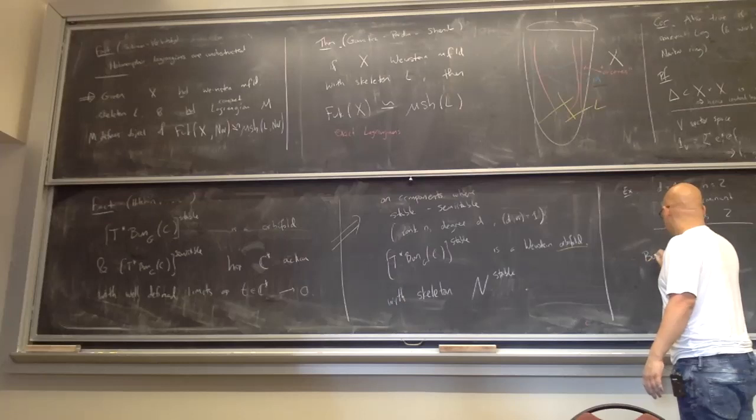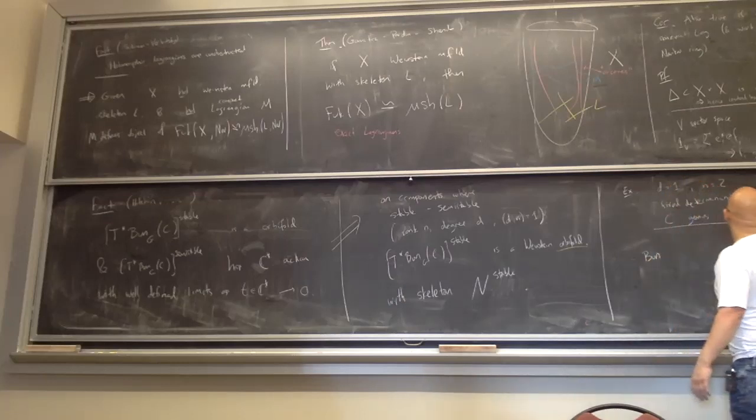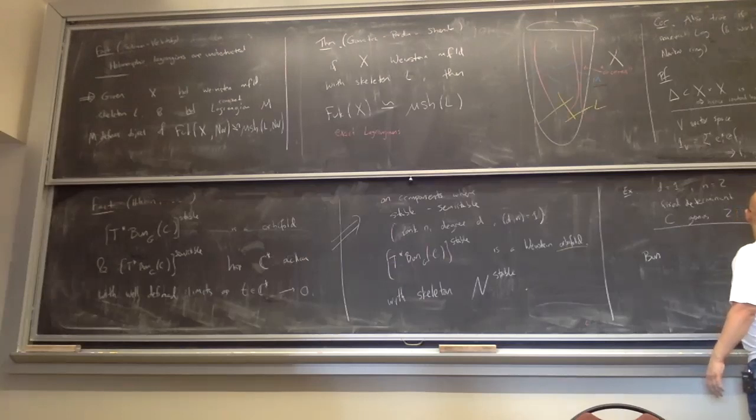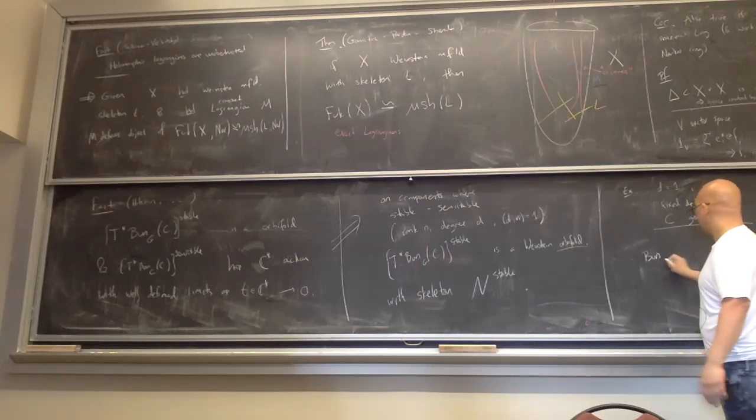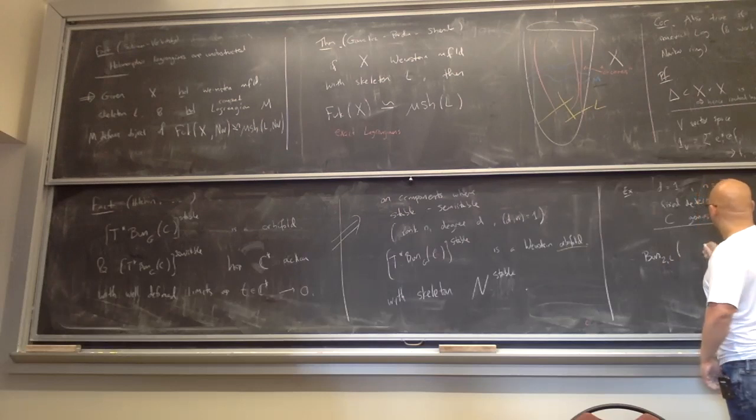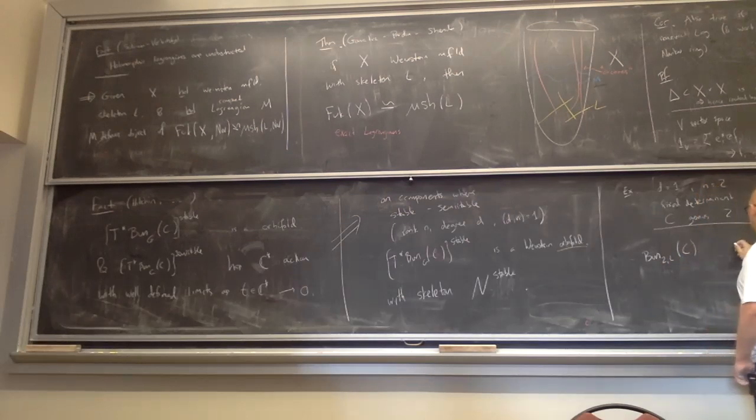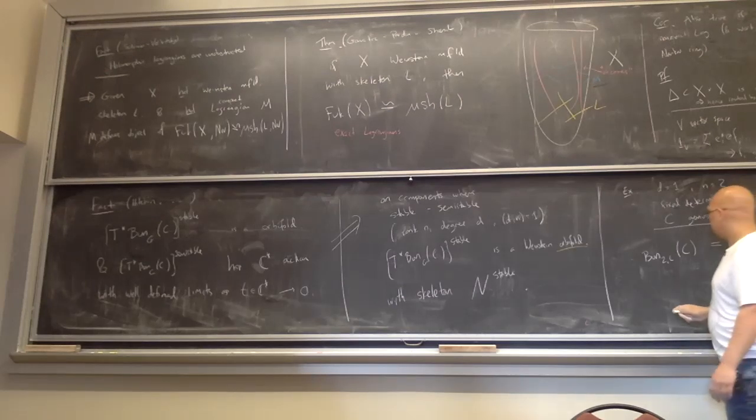So I'm going to call this Bun_2L, where L is the fixed line bundle. So Bun_2L C. It's a fact of classical algebraic geometry that this turns out to be three-dimensional, the intersection of two quadrics, and stable.